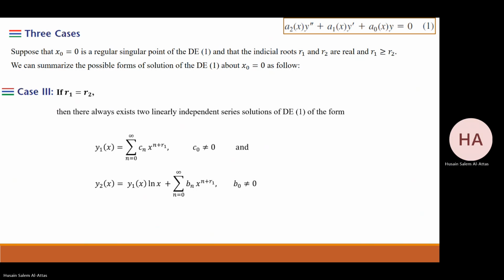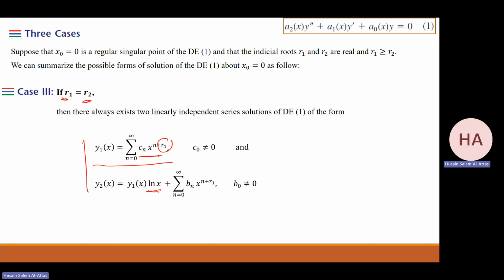If R1 equals R2, for sure I will not write the series in the same way, since they have the same root. Usually they do it with this trick through ln x, which is very complicated to find. But this is the format of the solution. The first one is the regular one, Cn x to the power n plus r1.